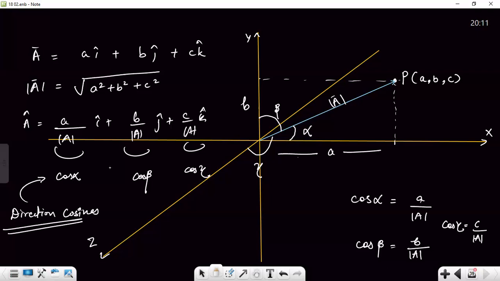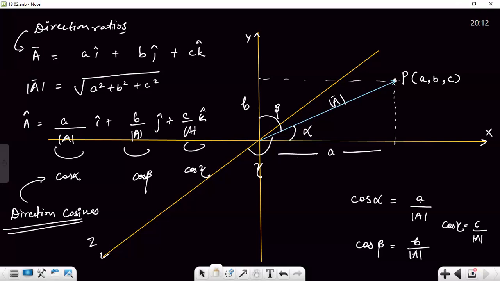The coefficients in the unit vector are the direction cosines, and the coefficients in the parent vector are direction ratios. We'll talk more about them in the 3D chapter.